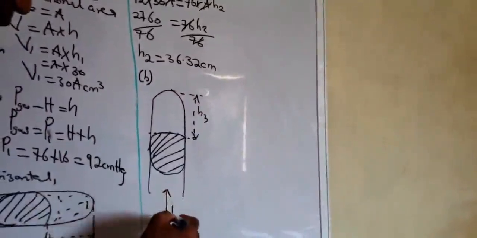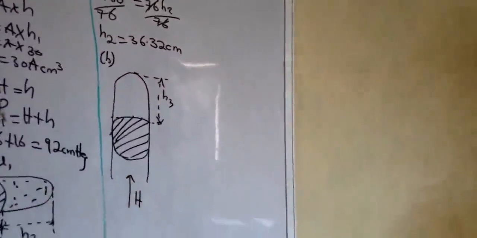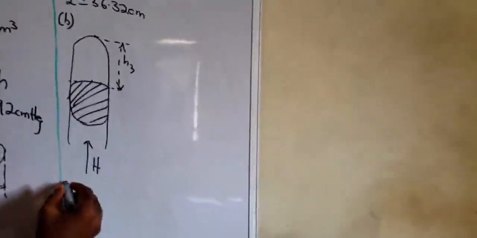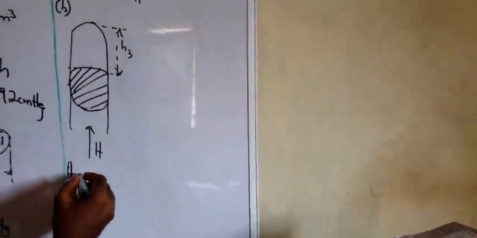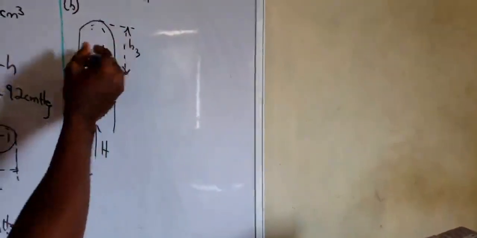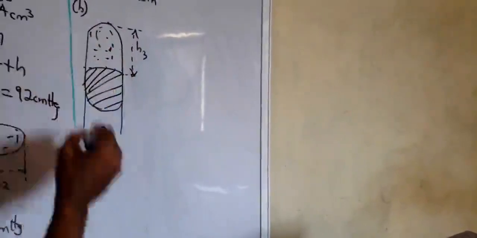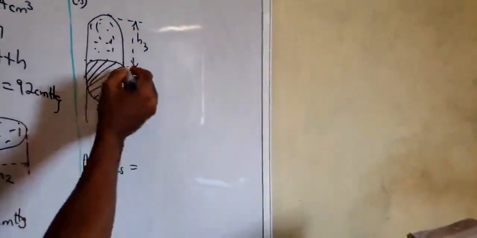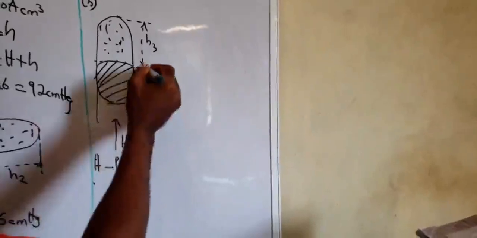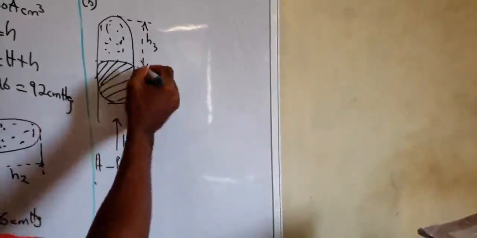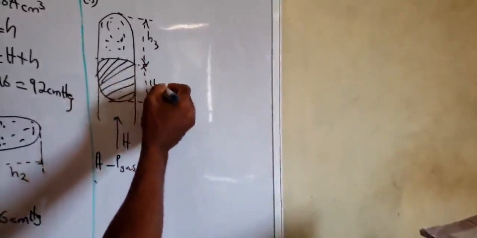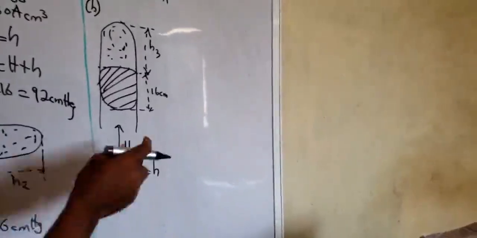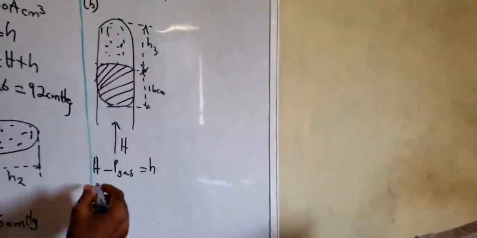Atmospheric pressure here. What do we notice? In this condition, atmospheric pressure minus the pressure due to the gas molecules here should be equal to the pressure due to the mercury column H. Well, this H is this 16.